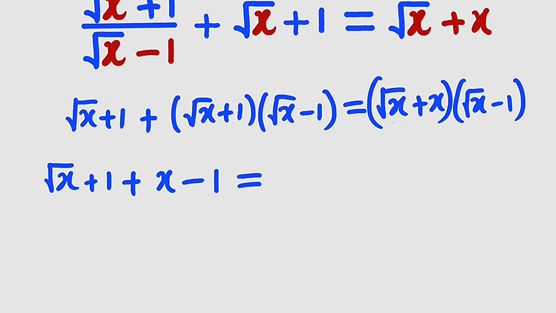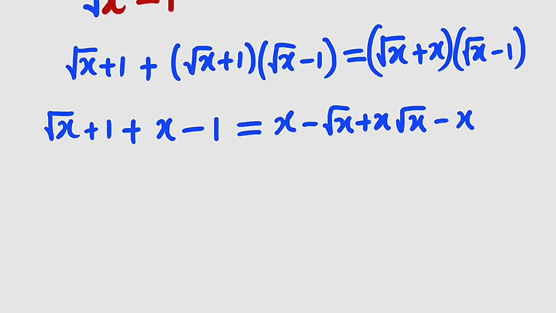We distribute, take square root of x multiplied by square root of x, that will be x. Square root of x times negative 1, that will be negative square root of x. Take the second term, x times square root of x will be x square root of x. X times negative 1 is negative x.